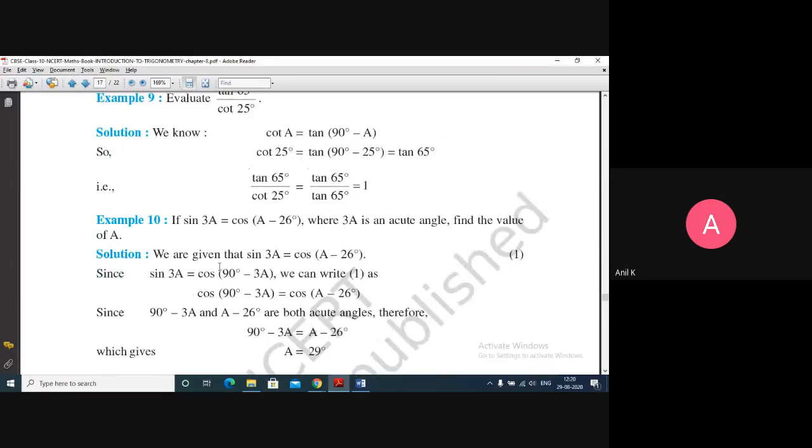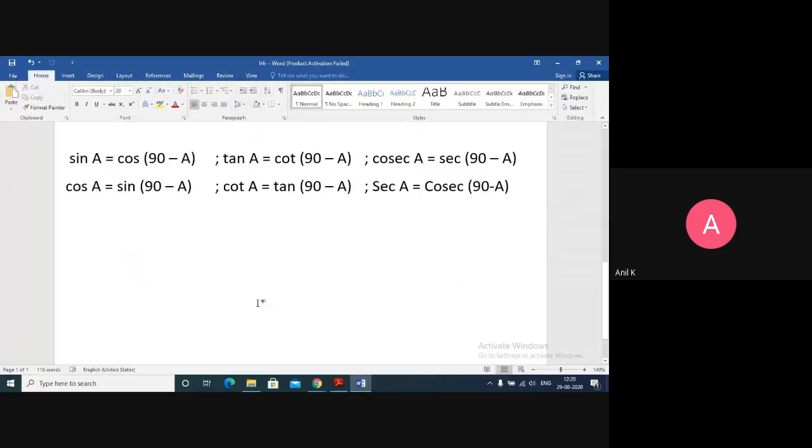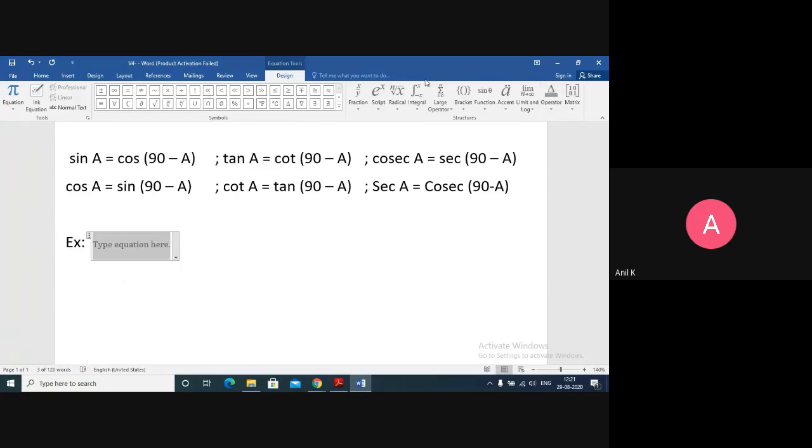Okay, so we'll take a few examples. For example, tan 65 upon cot 25. Simplest one. Again, a 2 mark or 1 mark question. Now in the last class or today's class, we discussed angles only about 0, 30, 45, 60 and 90.